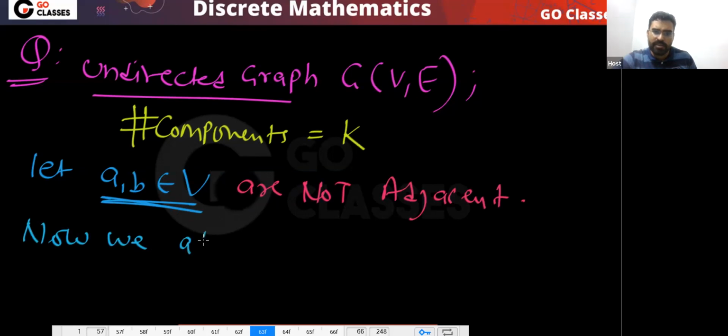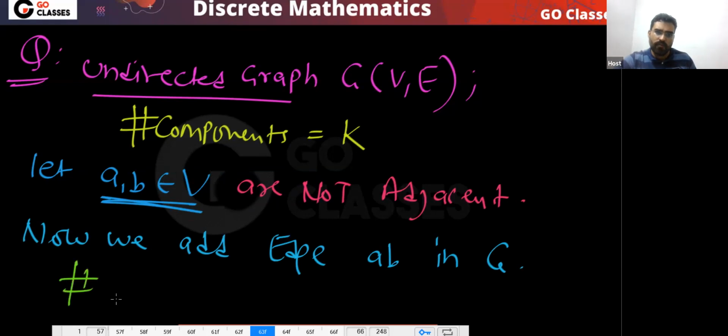Now we add edge AB in G. Tell me what can you say about the number of components?